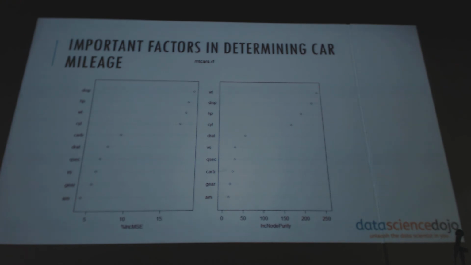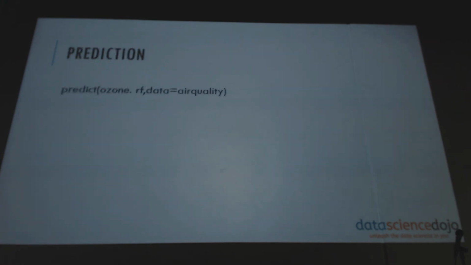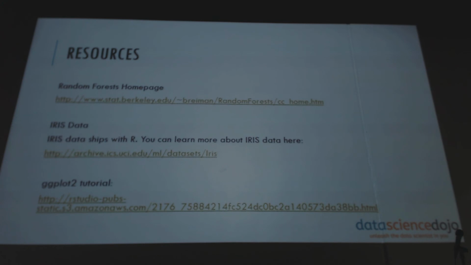These are two different criteria for getting the variable importance. The first criterion says the weight is most important, and the second one says the displacement is most important. So it actually turns out that our intuition was correct. And then there is some other data that we have and some resources, okay?